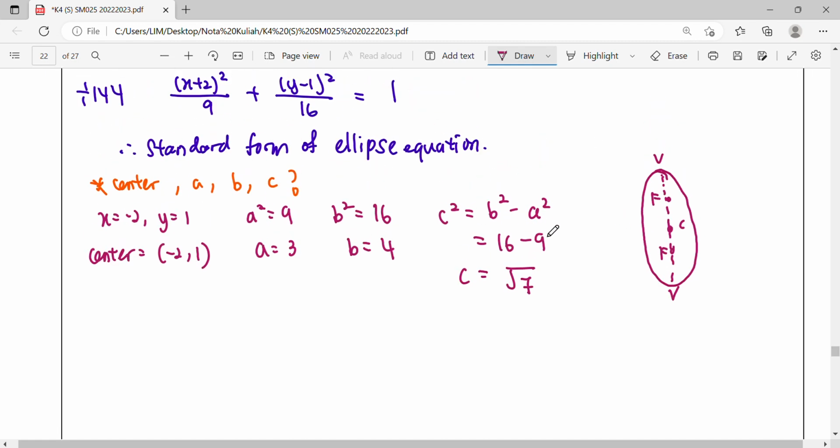We can find them by using the y coordinates going up and down. So the vertices: negative 2, going up, plus minus, so the y coordinate plus minus vertically. Vertically refers to b. So we have negative 2, 5, and another one, negative 2, negative 3.